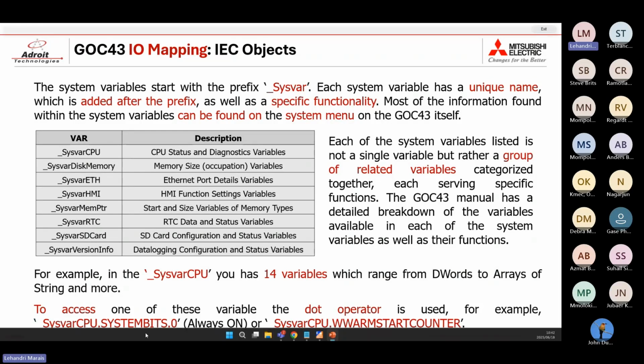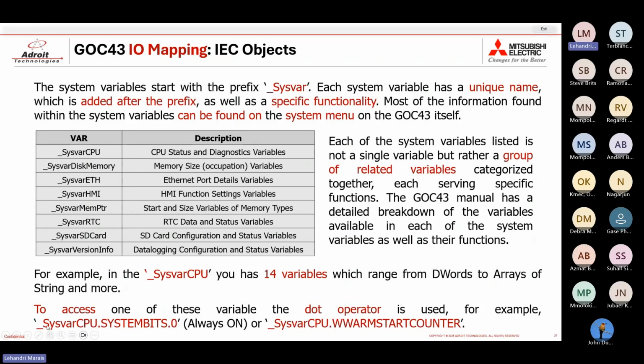An example of which is right here. Underscore sysvar CPU, use the dot operator, then refer to your specific variable within that variable group, which is system bits. And because each of the system bits has a separate function, I use the dot operator again and indicate that I want to use bit 0, which is always on.